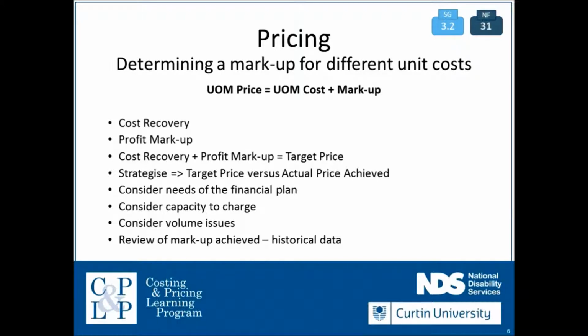The second aspect of the markup, or the UOM cost and markup calculation process, is to be able to identify a profit markup. Now, typically, profit has been treated almost as a dirty word in the broader not-for-profit and charitable sector in Australia.